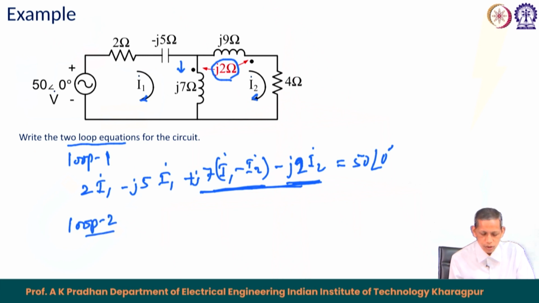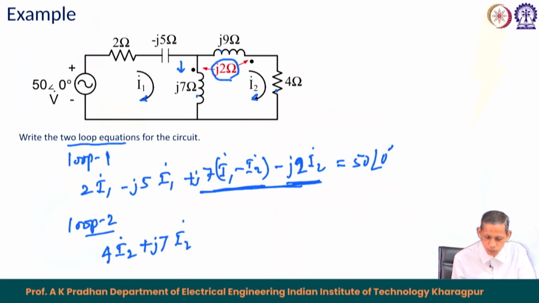In the loop 2 equation we have 3 elements. So, we can start with the 4 ohm: 4 into I 2 phasor, and then we come to the 7 ohm inductor, which gives plus J 7 I 2. It has a mutual component with the 9 ohm.